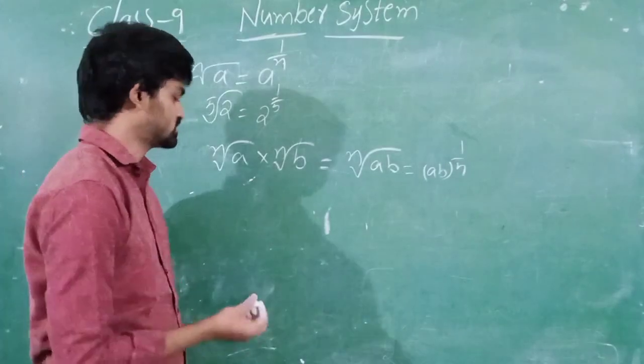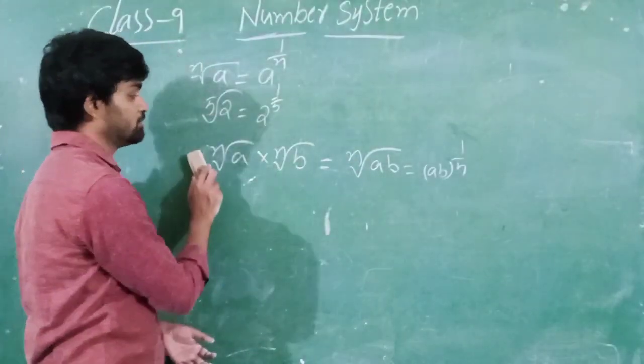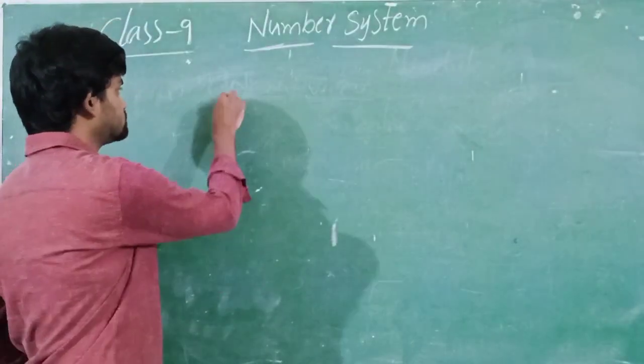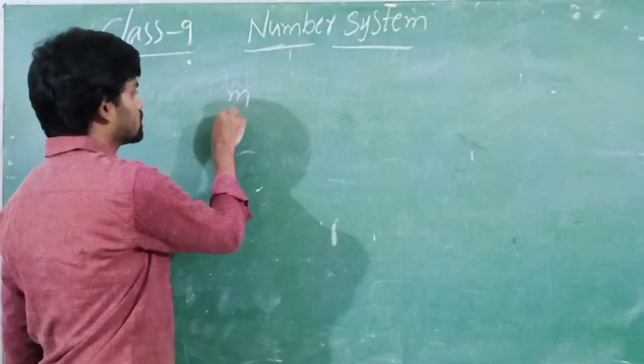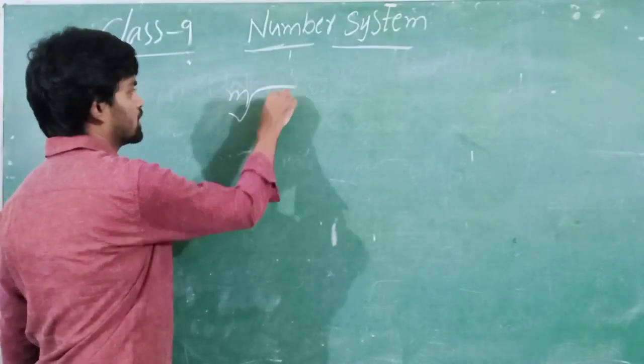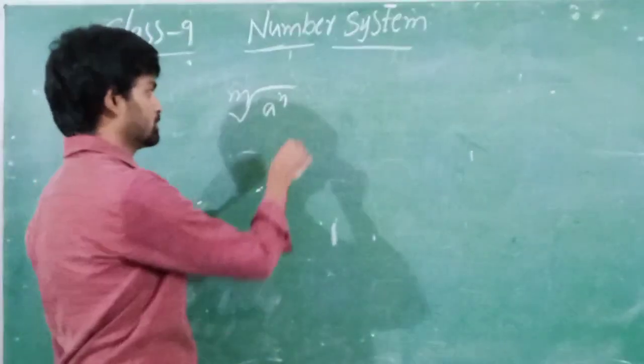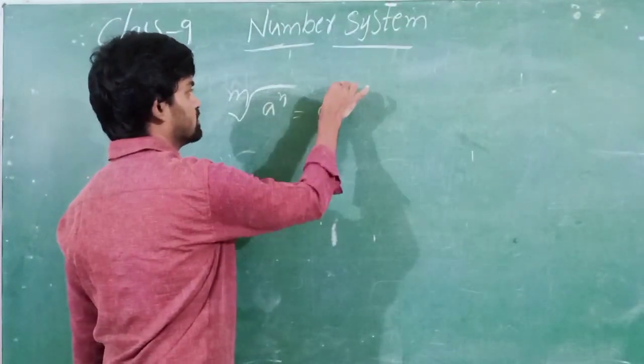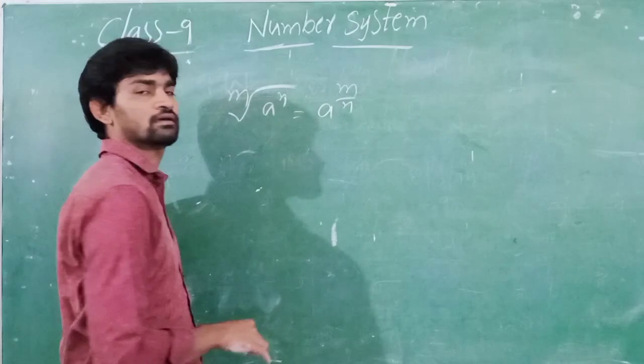Next, we see the next property. Nth root of a power m can be written as a power m by n.